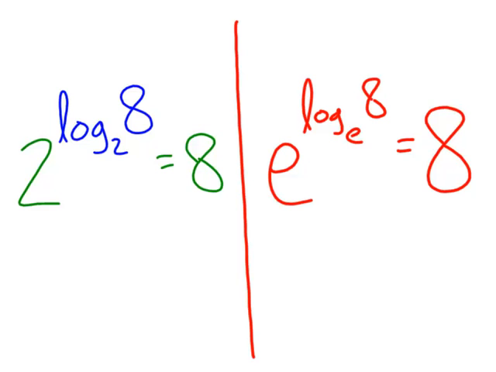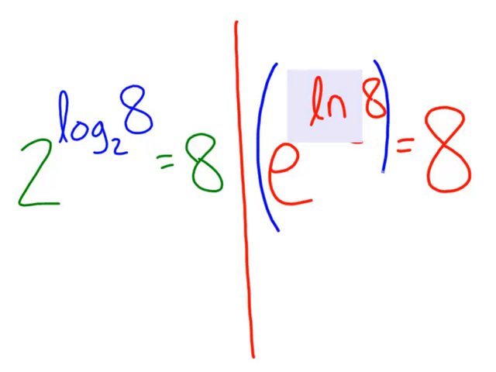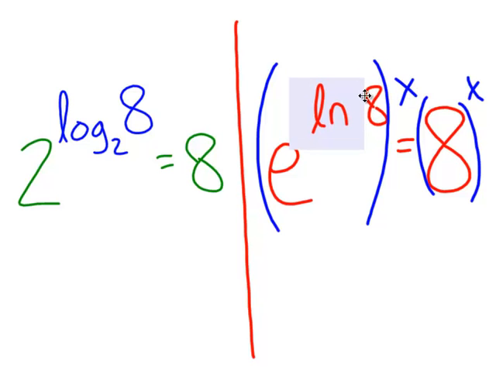And then we see, okay, log base e, we know that's the same as ln. So let's write that as ln. And if I raised both sides to, let's say, the x power, well, this exponent, according to our exponential properties, just gets multiplied by this exponent. So we can rewrite it like this.